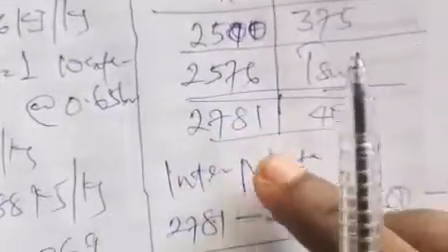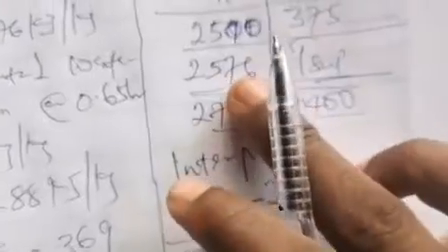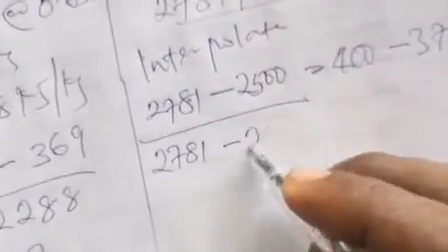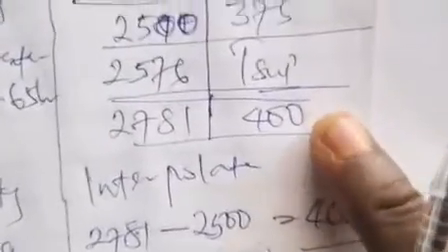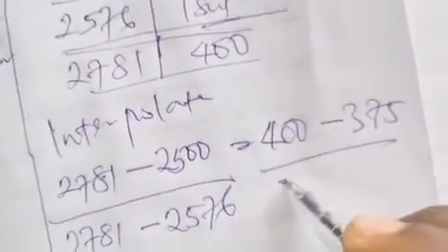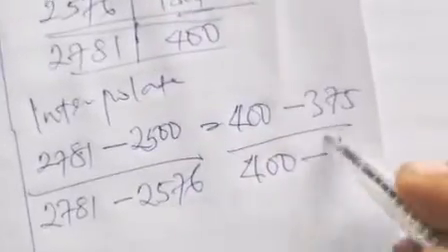Now use the last, 2781, minus the middle one, which is 2576. So that becomes the last temperature, 400, minus the superheated temperature, which is what we're looking for.